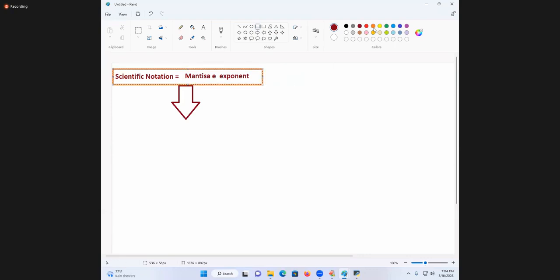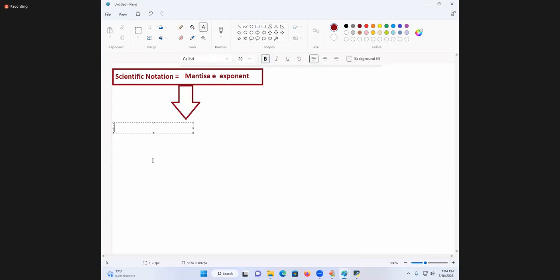This type of scientific notation data, we are converting into normal floating point value. I am writing here the equivalent floating point value for scientific notation is equal to mantissa into 10 to the power of exponent.